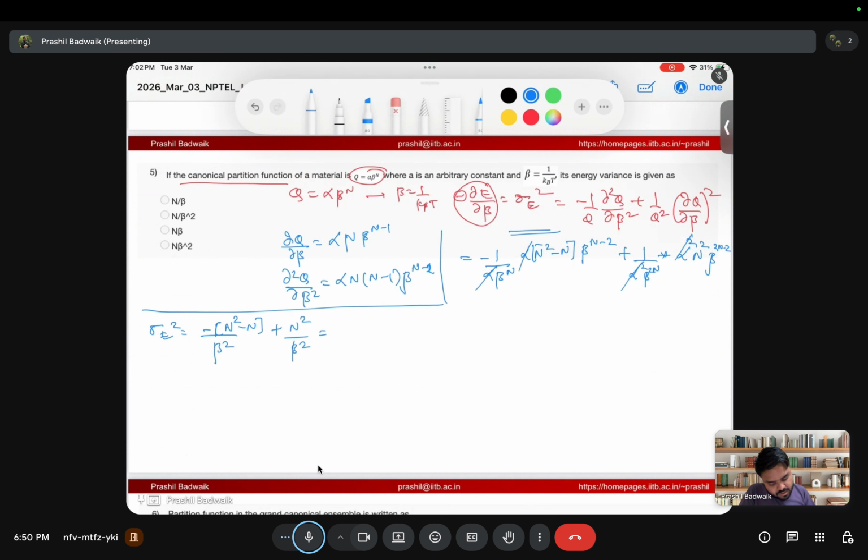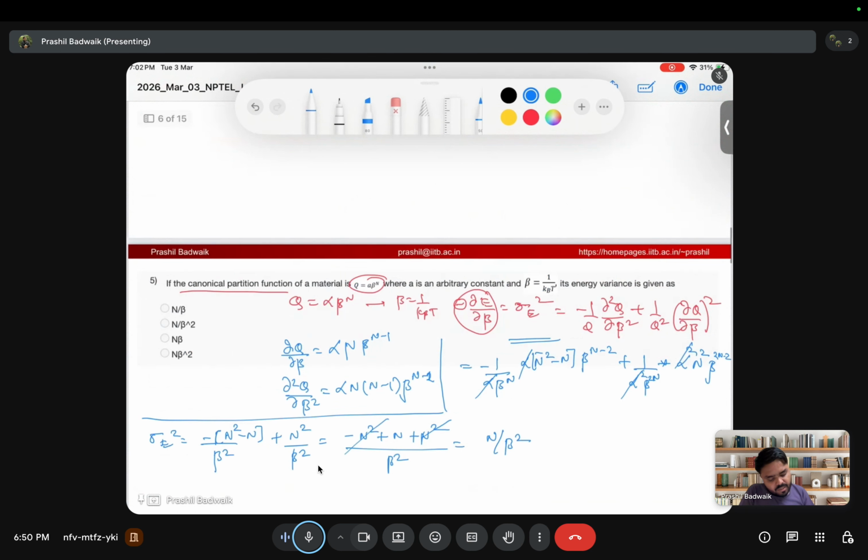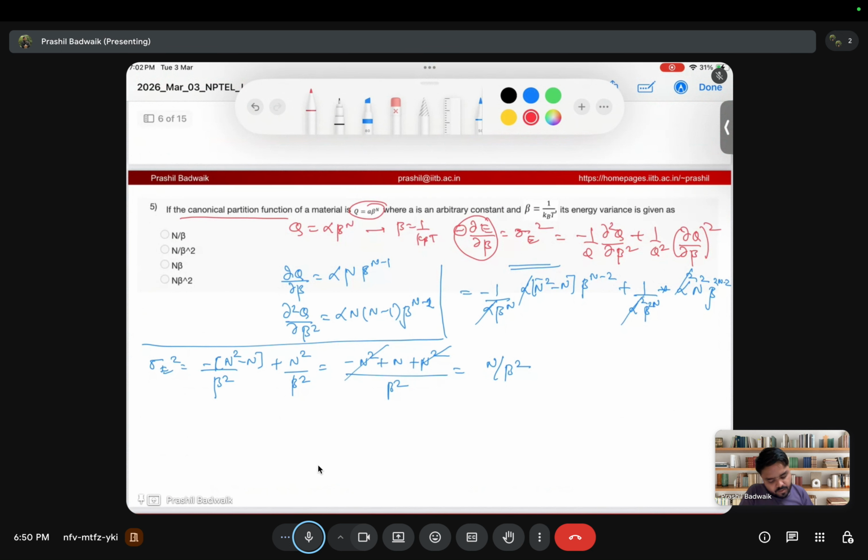So this equation becomes minus n square plus n, correct? Minus n square is plus beta square, this and this are getting cancelled, so n by beta square. So n by beta square is the value of variations in the energy.